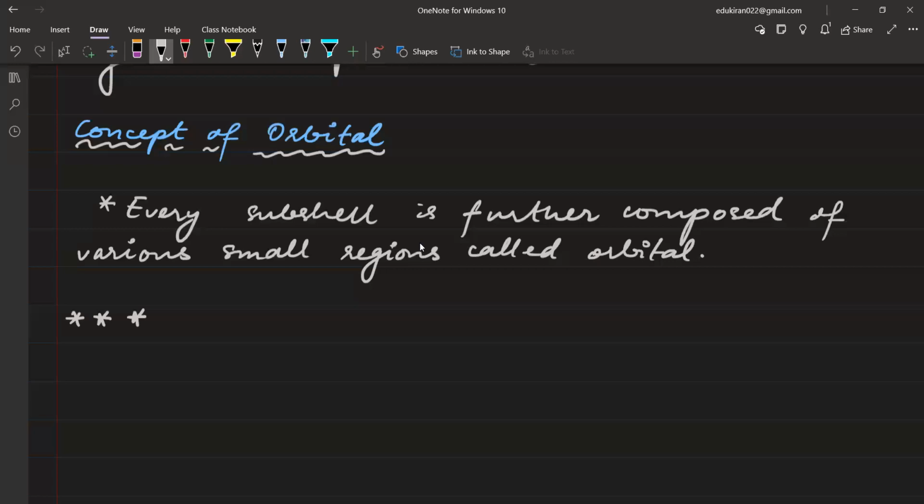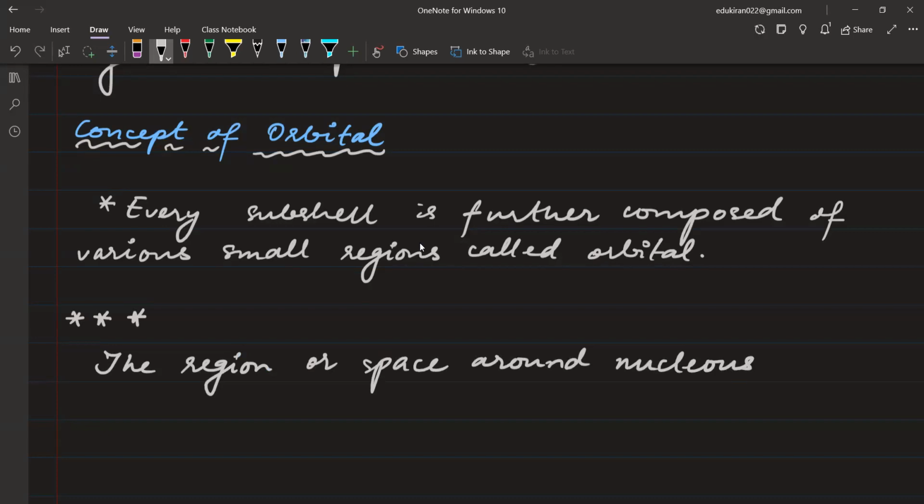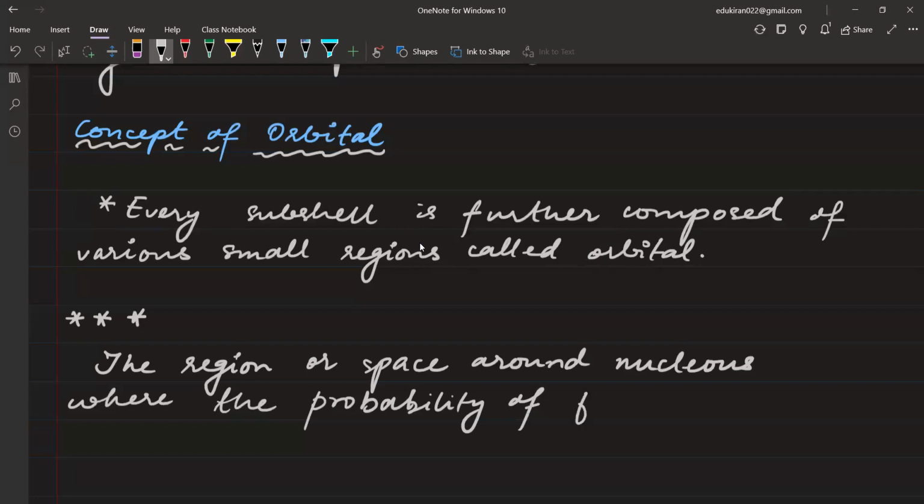But in general, if they ask you in school what is an orbital, then you will write the region or space around the nucleus where the probability of finding an electron is maximum.